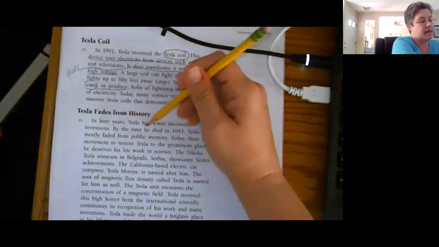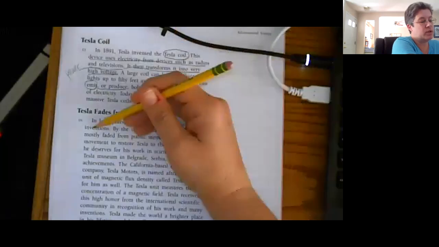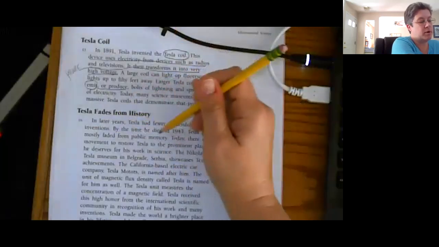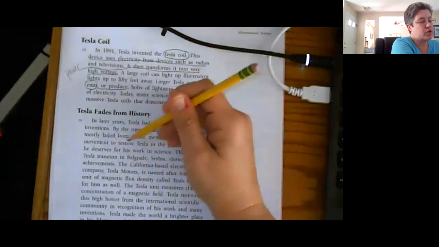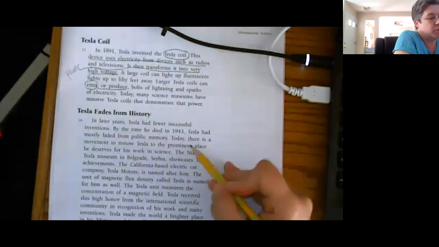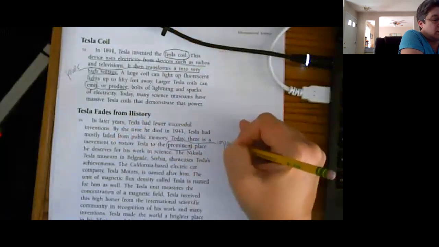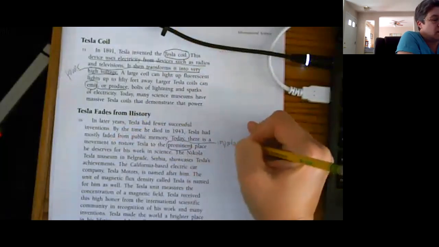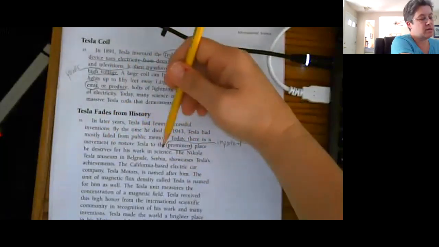By the time he died in 1943, Tesla had mostly faded from public memory. Today, there is a movement to restore Tesla to the prominent or important place he deserves for his work in science.